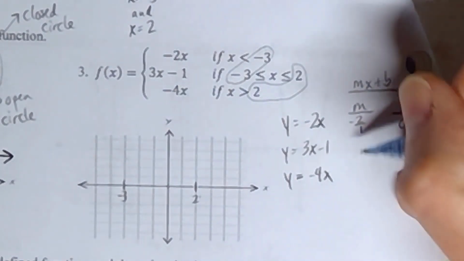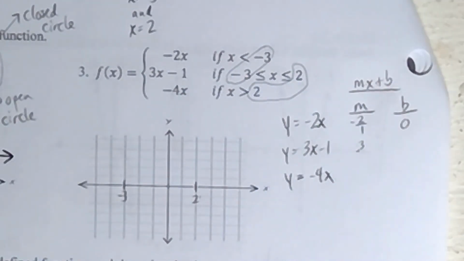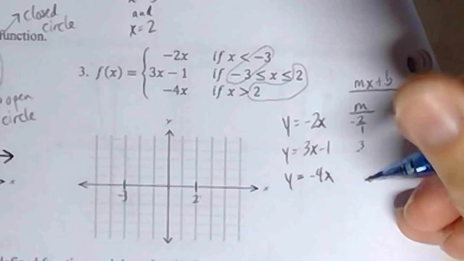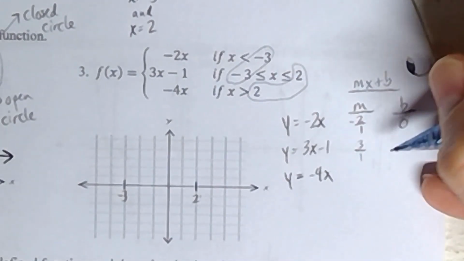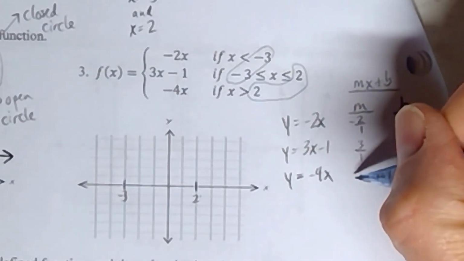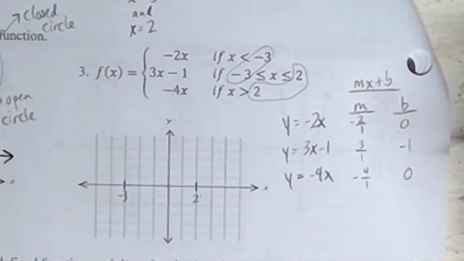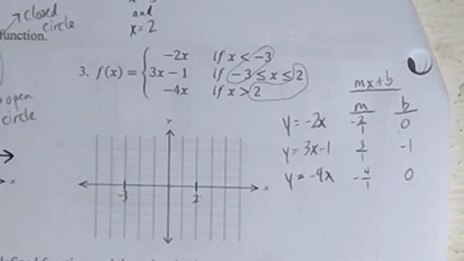The second one here is 3 over 1, and -1. And then the last one here is -4 over 1, and the b is missing, so we call that 0. So we can now graph all of those, but again, you just need to graph the pieces that are needed.